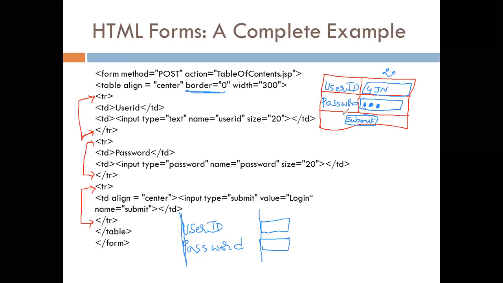The submit button will appear at the center because the alignment here is specified as center. And yeah, the value is login. So instead of submit, we will have login. So the value is different. Instead of submit, login will appear as a label.